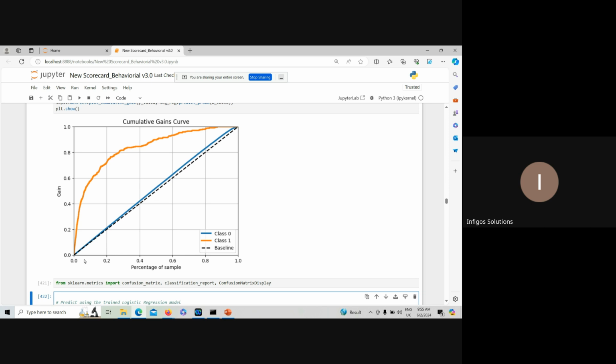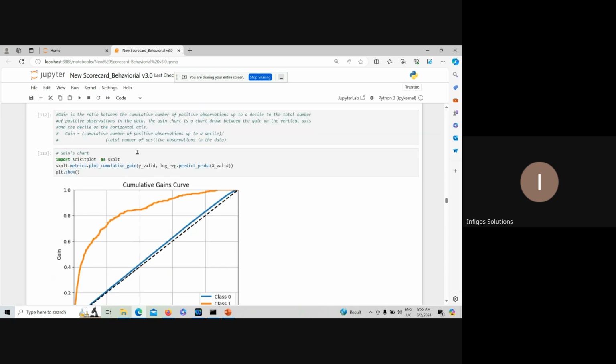Based on that you calculate the gain. The gain is the cumulative number of events up to that decile over the total number of positive observations in the data. Positive here is default, so default up to this decile and total default. Got it? Yes, sir. Okay.